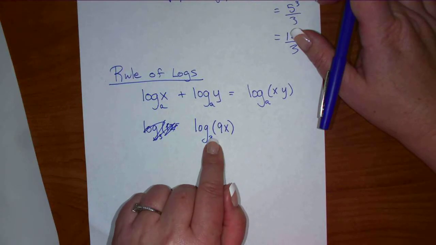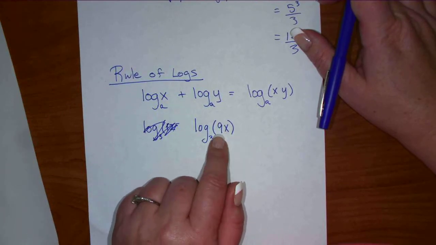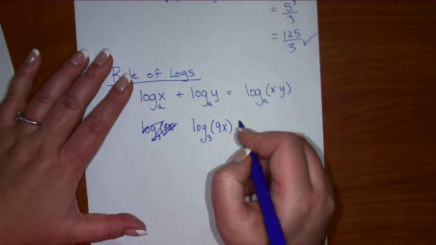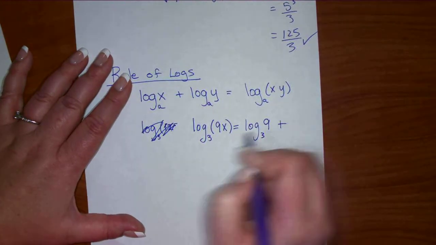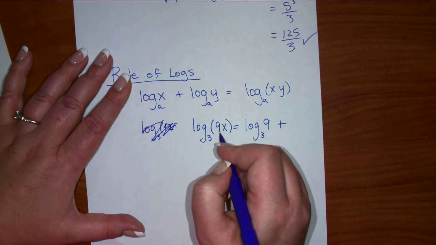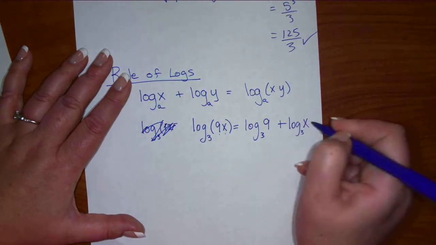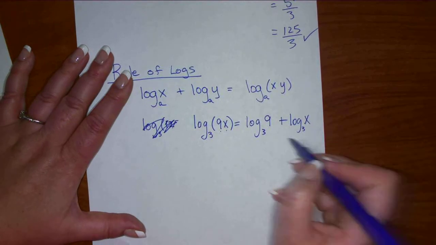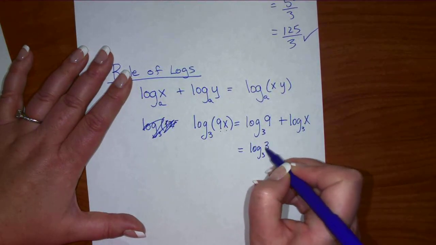So we've got a 9 times x as the argument. You can split this up to be log base 3 of 9 plus, because they're multiplied, log base 3 of x. This doesn't have an answer unless we had something equal to, but what's this? What's 9? 3 squared?